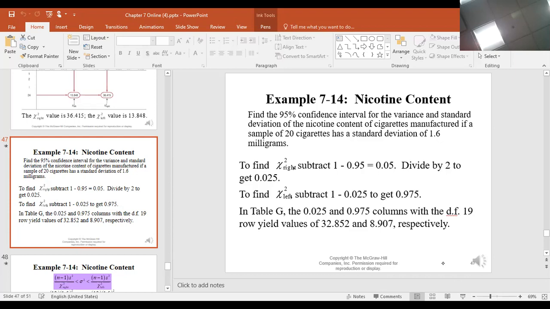So degree of freedom equals 19. What will be alpha? 0.05. Alpha over 2, 0.025. And 1 minus alpha over 2, 0.975.